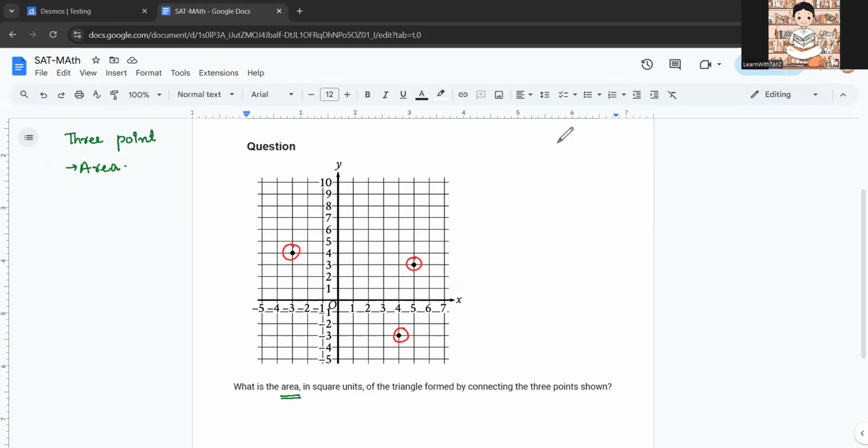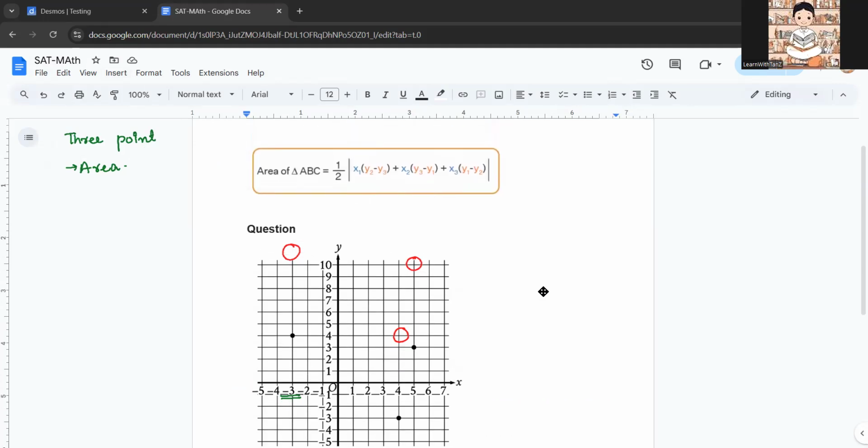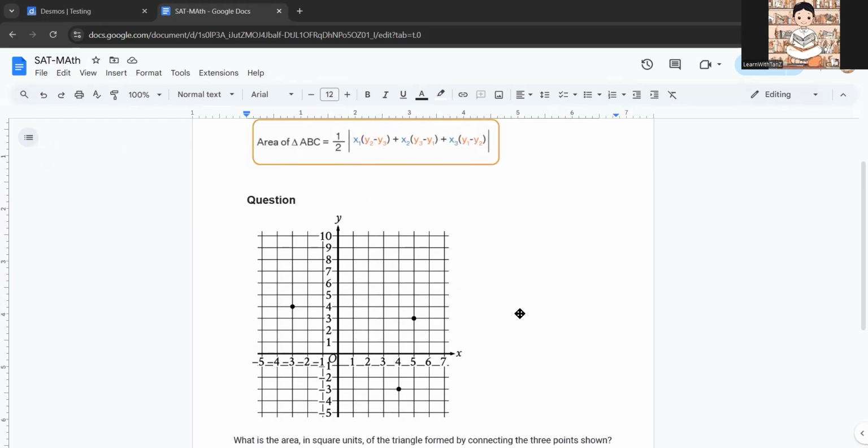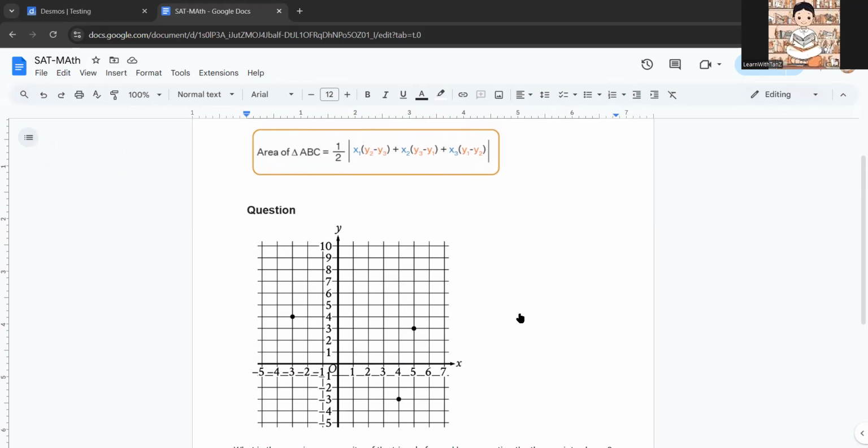Now, we'll use this formula to find the area of the triangle with the help of the 3 given points. I have it here for you. This is the formula. This formula we will use.